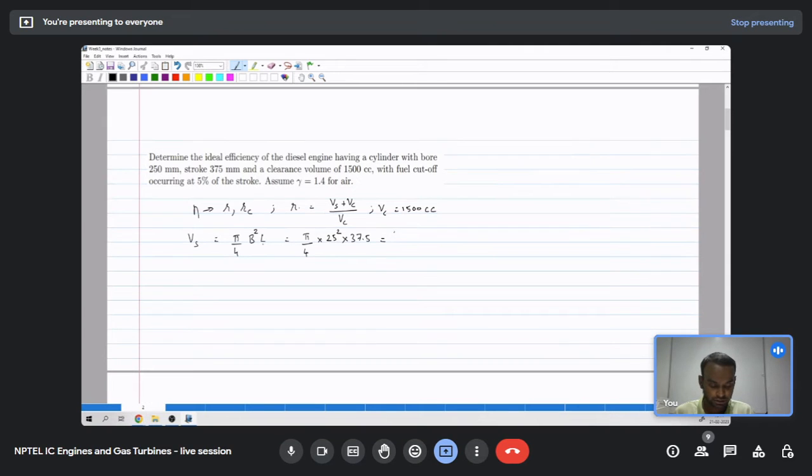Okay, so this is 18,408 cc. Now to compute the compression ratio, we have Vs plus Vc by Vc, which is 18,408 plus 1500 divided by 1500.